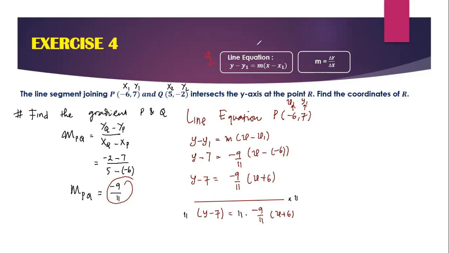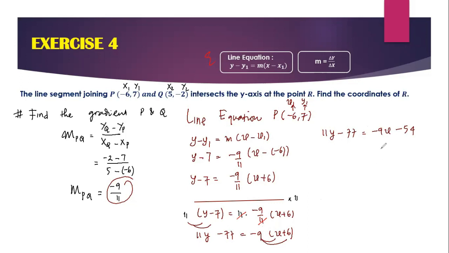So next, cancel, right? So here 11y minus 77 equal minus 9 times x plus 6. Next, 11y minus 77 equal minus 9x minus 54.